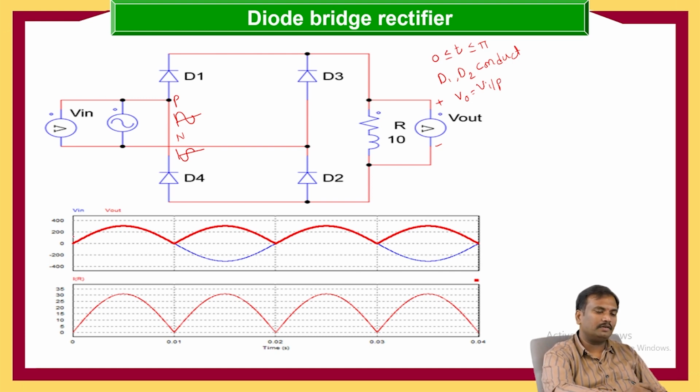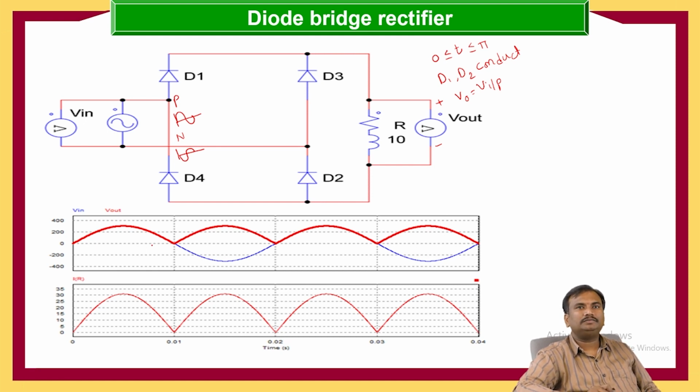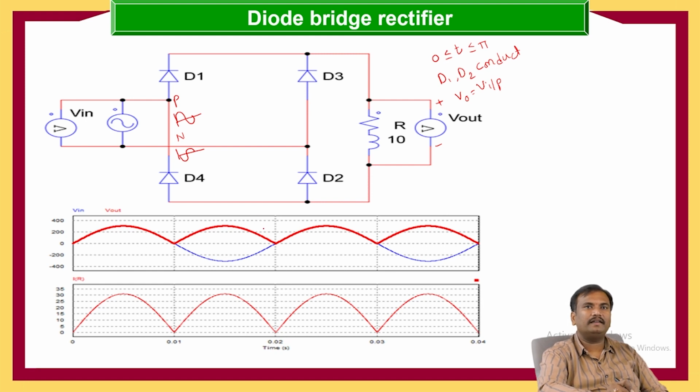Whatever input voltage we are giving, the same we are going to get as the output voltage. Here the blue line indicates the input voltage and the red line indicates the output voltage. And this is during the period 0 to pi.